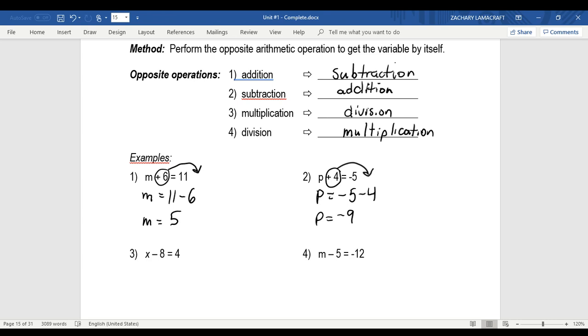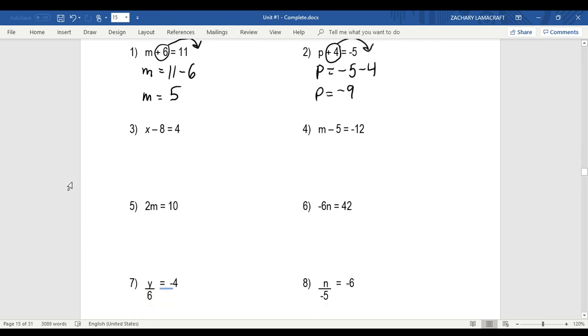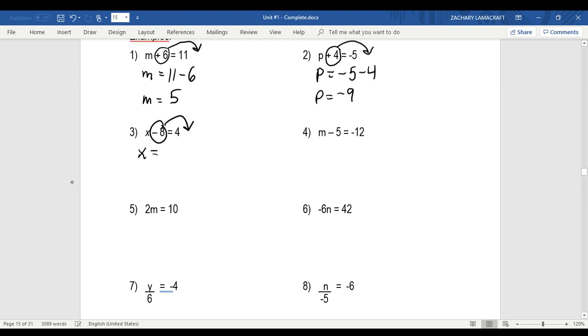Pretty straightforward. Next example, what's our variable we want to get by itself? X. Awesome. What do we have to move to the other side? The 8, right? We have to move that 8 to the other side, or negative 8. Since it's subtract 8, it becomes addition. So it's X equals 4 plus 8, X being 12.